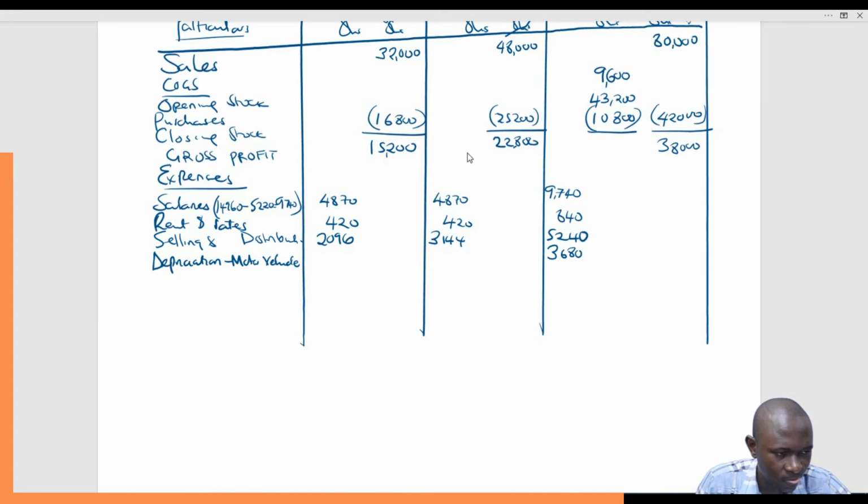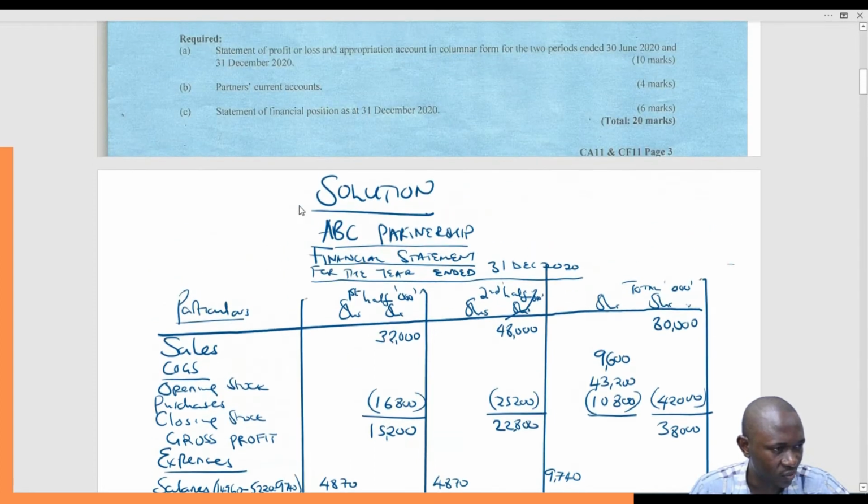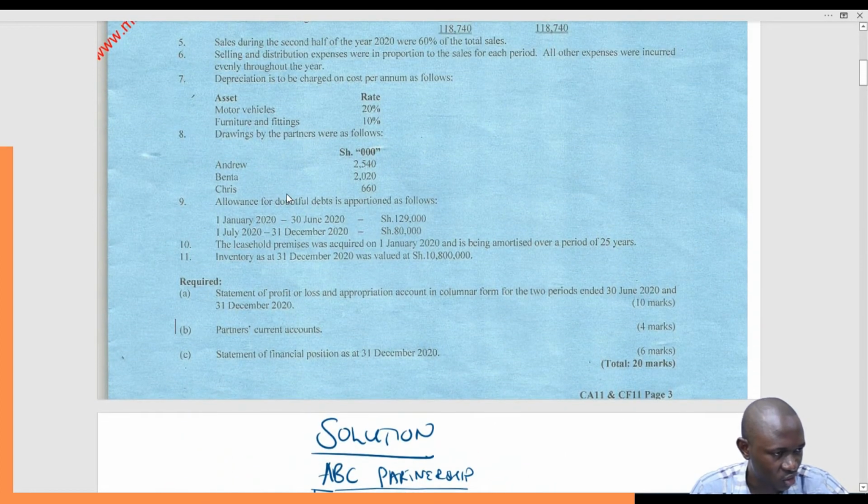So for the first half, we'll have 1840, and the second half will also have 1840, because it's an expense that was part of the asset used up during that particular period. So we divide it by 2 evenly as per the instructions.